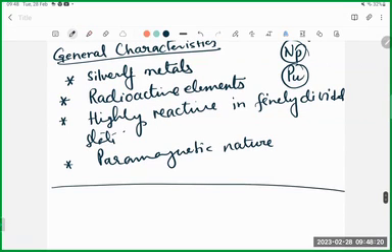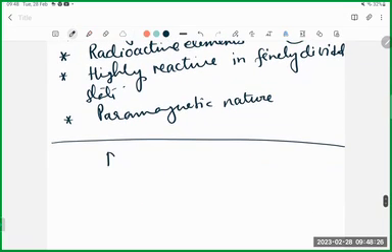Okay. Now, Hridaya, we have the difference between lanthanoids and actinoids. Two differences you can remember.